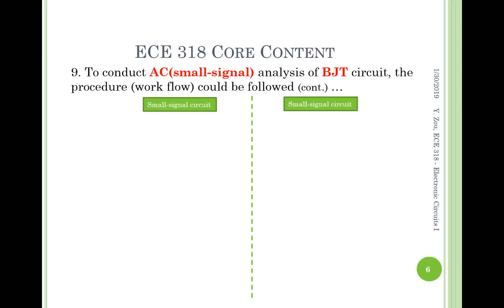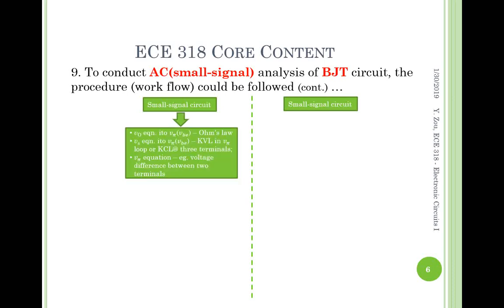Along the NPN route, from the small signal circuit, we come up with equations based on the listed tips, or say methods. This should be enough for you to have enough equations to solve the unknowns.